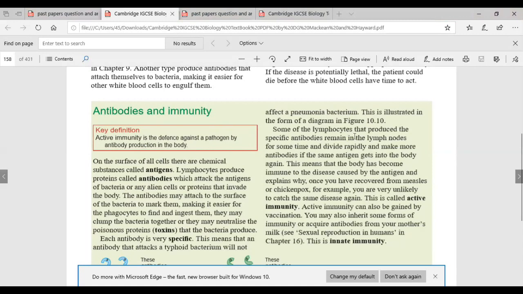Okay, what is active immunity? Yes, I hear now. Active immunity is the defense against the pathogen by antibody production in the body.